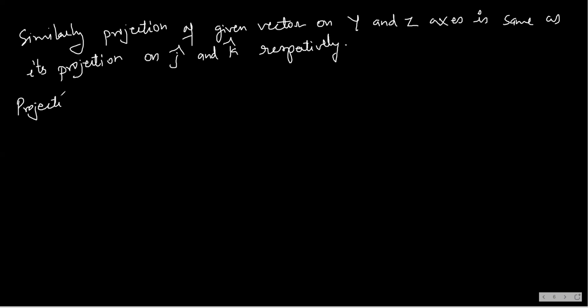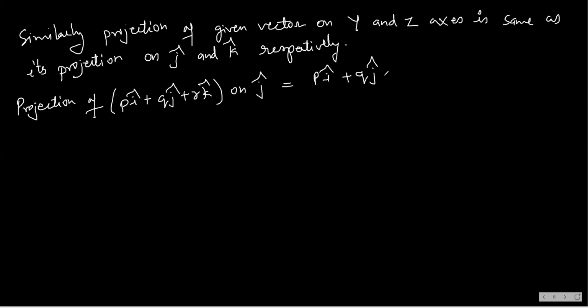I will write the projection of pi cap plus qj cap plus rk cap, that is the given vector, on j cap. It will be pi cap plus qj cap plus rk cap dot j cap upon mod of j cap. Mod of j cap is 1. So what is this equal to, students?